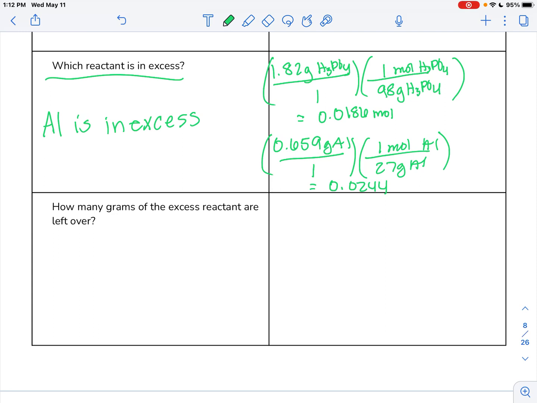So what I'm going to do is take my moles of H3PO4, but this time I'm not looking for an amount of product, I'm looking for the amount of the other reactant. So I'm going to do the same thing, just a regular stoichiometry.